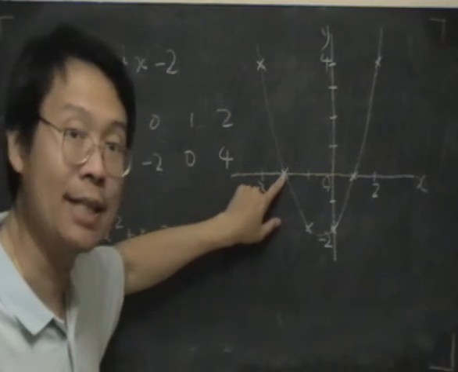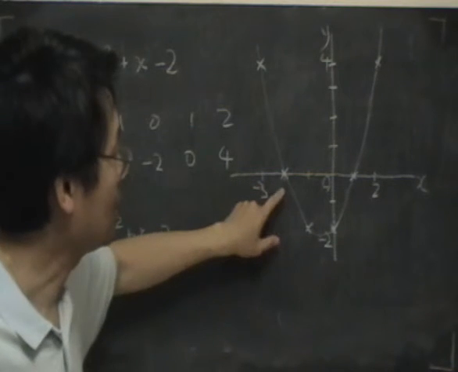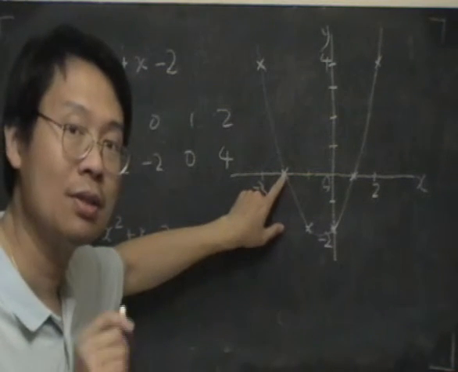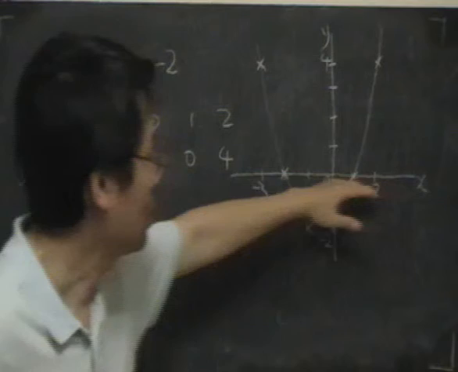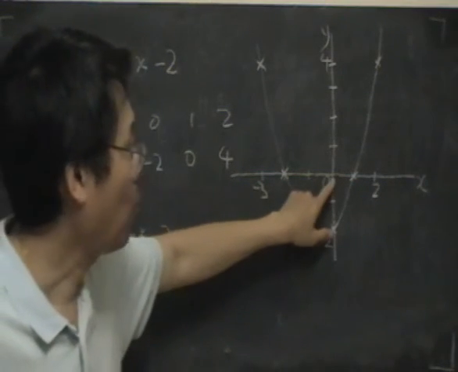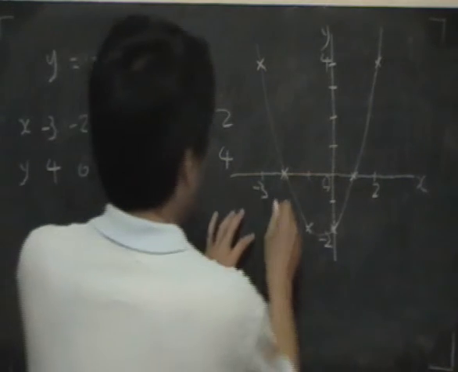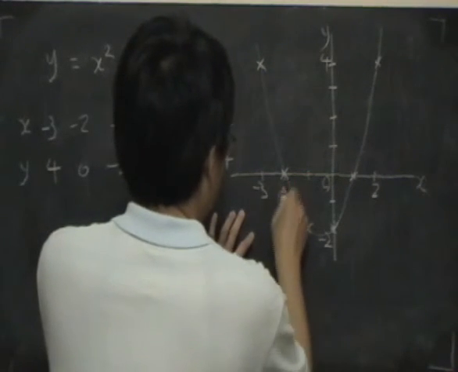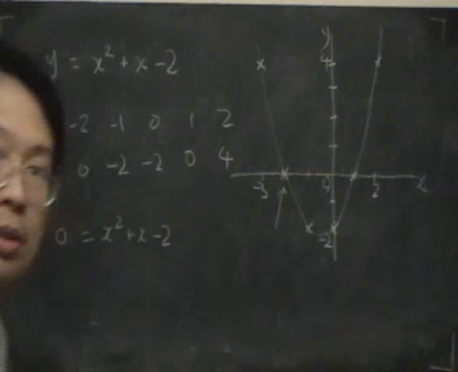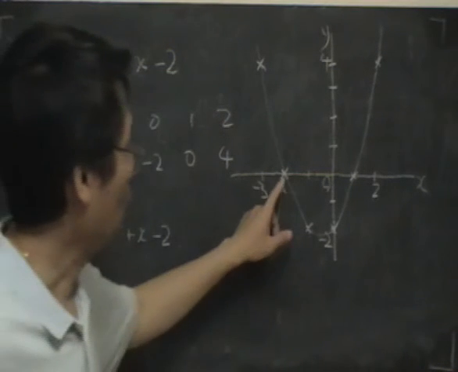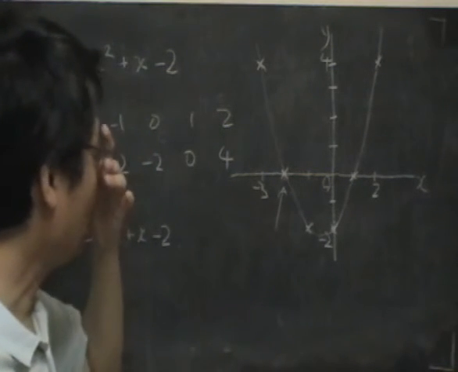Now that's the point that I want, because at that point that lies on the x-axis, the y value is 0. I found the point. So on this point, the y value is 0.